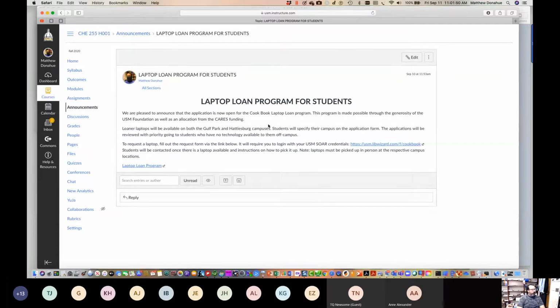So the USM Foundation, with CARES funding from the federal government, started this laptop loan program. You can click on either of these links. It takes you to the same thing using your SOAR credentials, and you'll be able to pick up a laptop to use for your classes this semester.